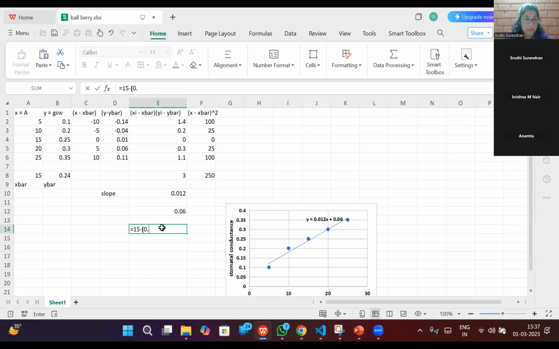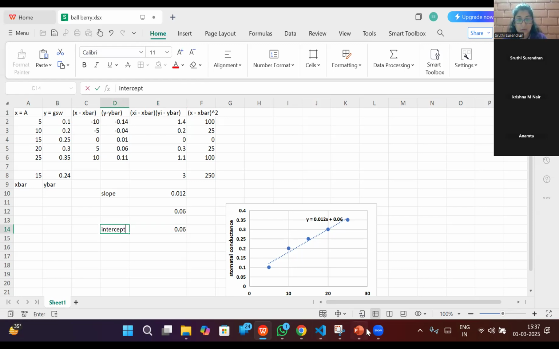Sorry, it's y minus... So it equals 0.24 minus 0.012 into 50, which is 0.06. So we got the intercept value as 0.06.